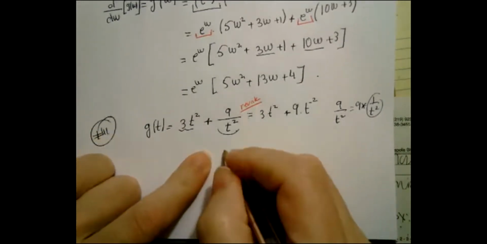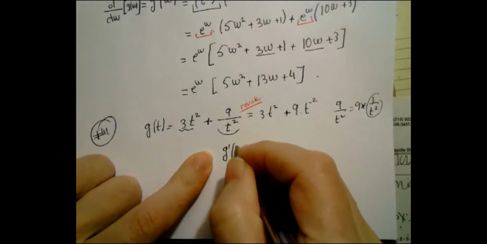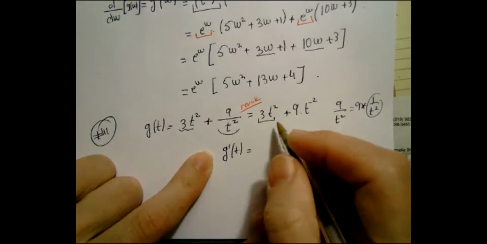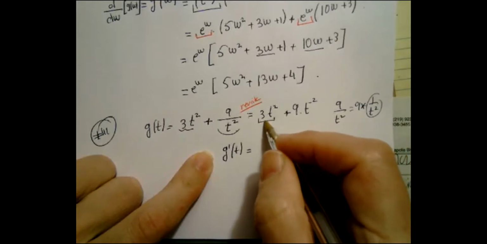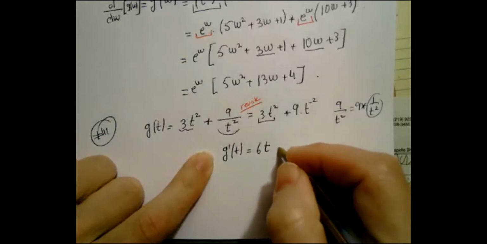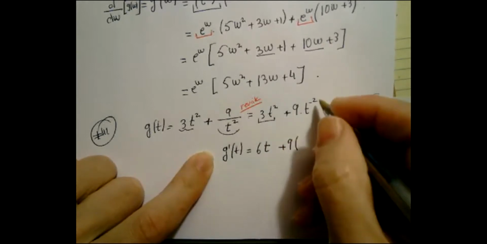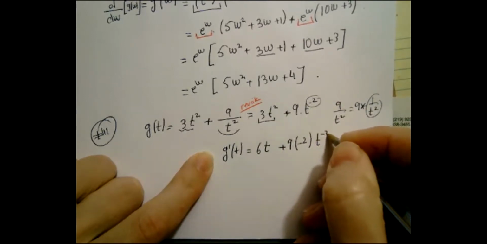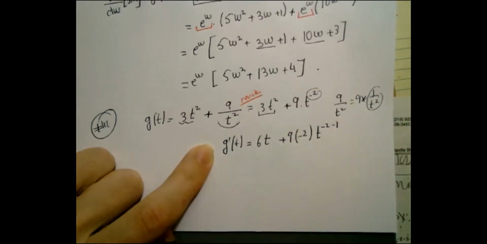So now let us compute g prime. So now the derivative is equal to 3t squared, the derivative is 3 times 2t, plus 9 times minus 2, t to the minus 2 minus 1.